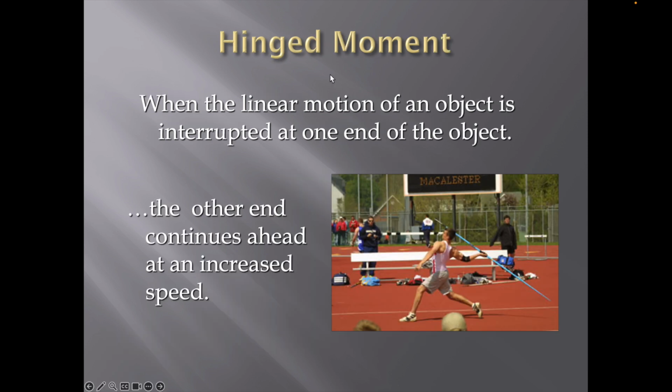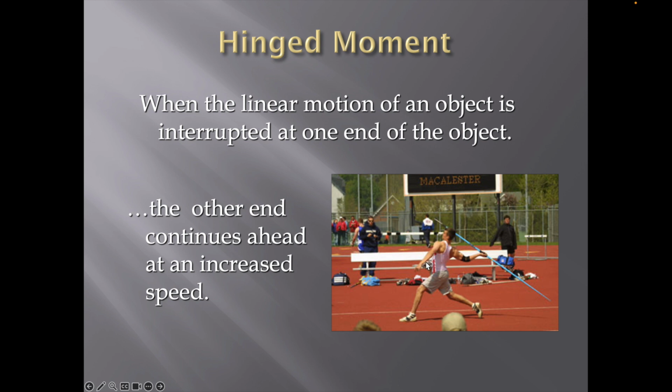Now, a hinged movement is when the linear motion of an object is interrupted at one end of the object, but the other end continues ahead at an increased speed. For example here, this javelin thrower is going to run down the runway, but then that runner is going to stop to throw the object.